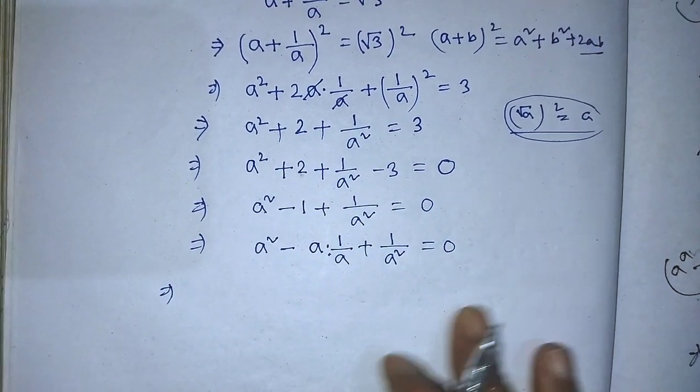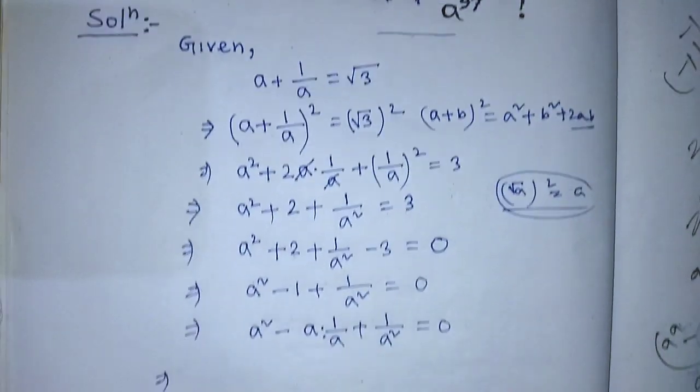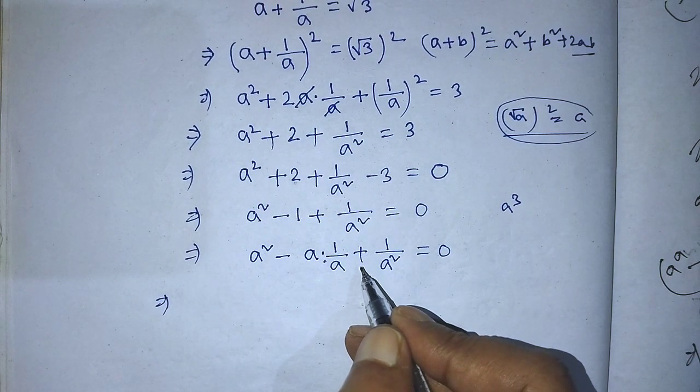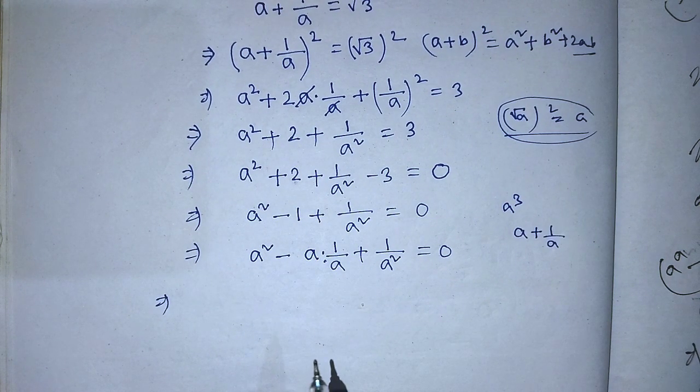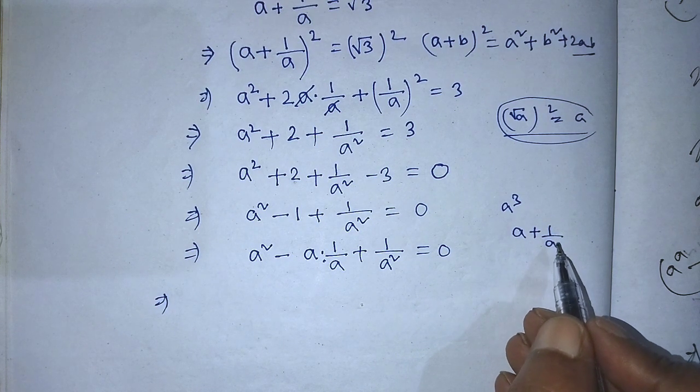to find the value of this algebraic expression, we have to find the value of a to the power 3 from this equation. So we have to multiply the left hand side and right hand side by a plus 1 over a.